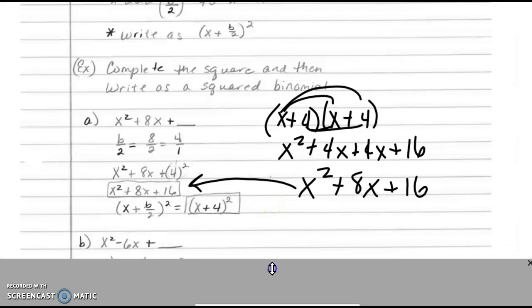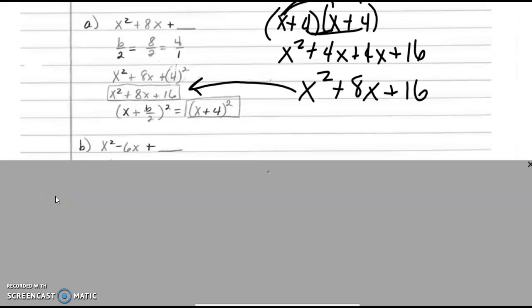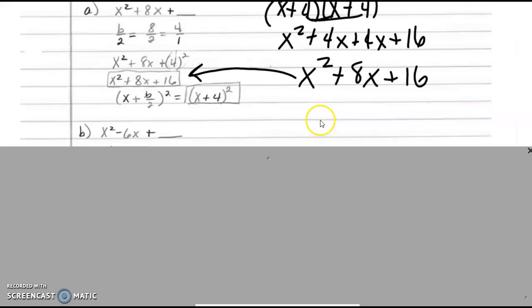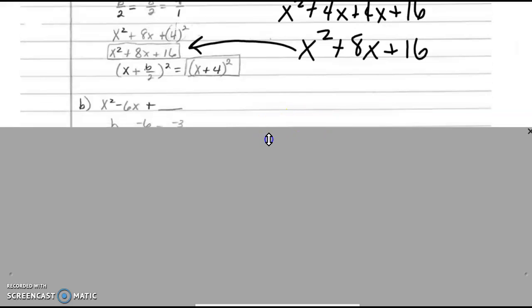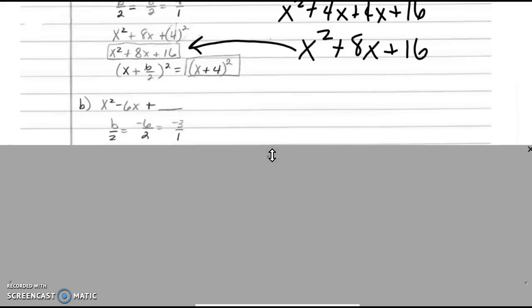All right, next one. Let's complete the square for x squared minus 6x. Now I'll walk you through it again. So we want to figure out what b over 2 is, and b is the coefficient for x to the first. In this case, it's a negative 6. So we're going to take negative 6 over 2, which gives you a negative 3.